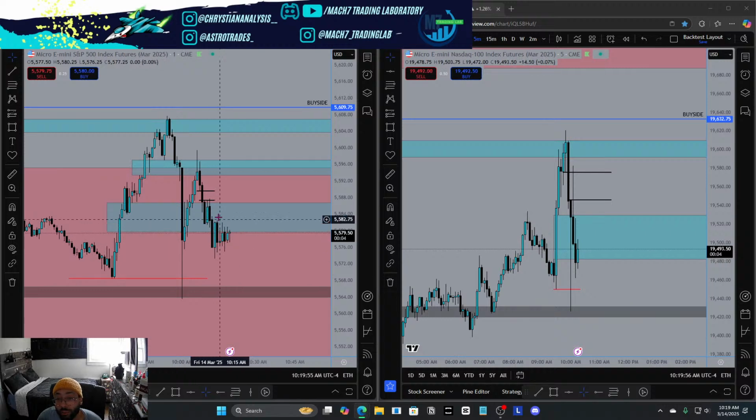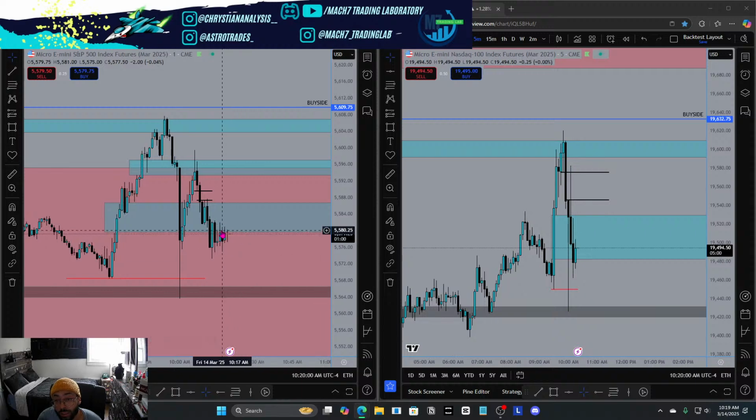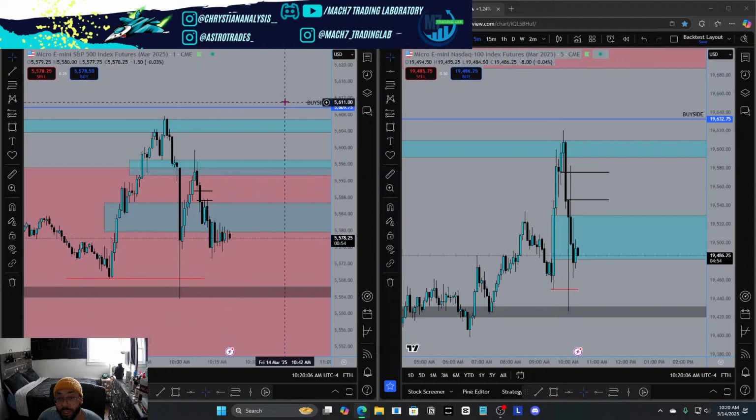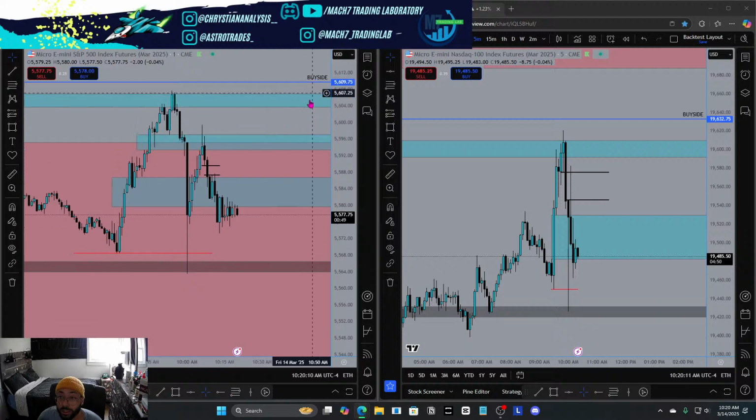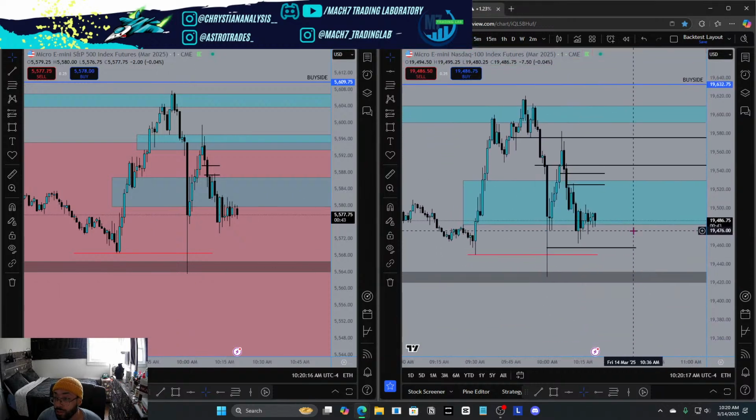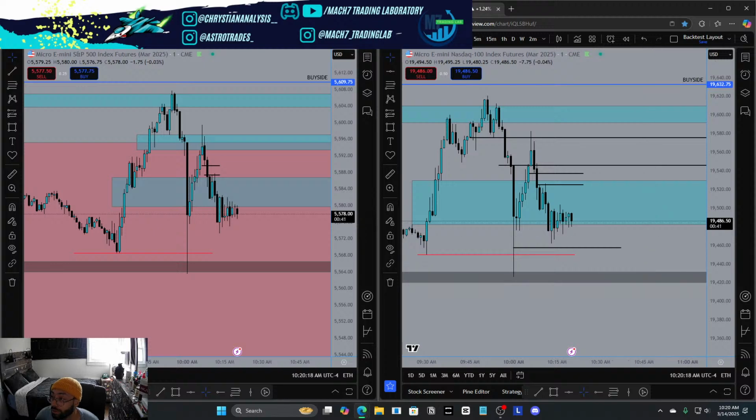I don't want to see her playing around in here. If she's gonna come in here, it's either to reject off right away, even up to these buy stops up here, to then continue going a lot lower, or go up to target these buy side. If she doesn't target these buy side, then I'm definitely looking at 10 a.m. to be ran. Those lows to be ran. Oh, that's why.